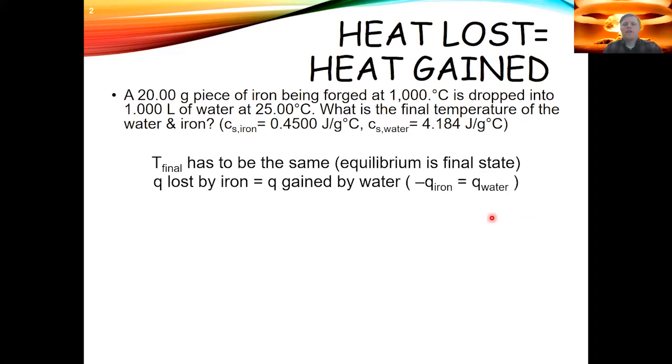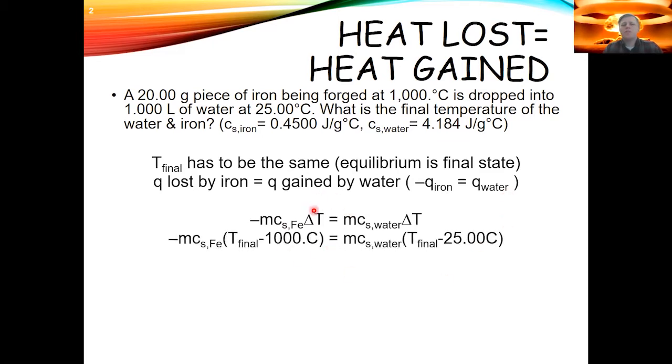And from that, we can then come up with these two equations where heat, when we're heating or cooling an object, is just equal to mc delta T, where of course every object has its own mass, its own C, and its own delta T. We then realized that we can plug in our initial temperatures here because delta T is just going to be T final minus T initial, and that each of the iron and water are going to have different initial temperatures, but they'll all have the same final temperature.